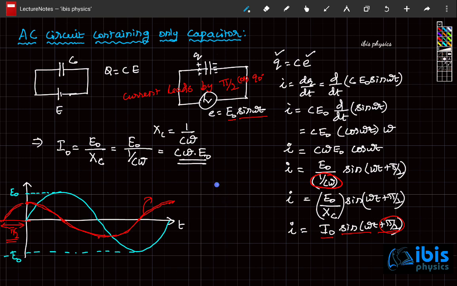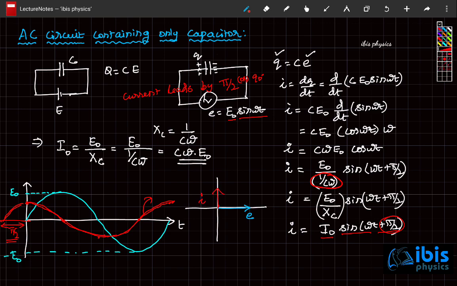If you draw the phasor diagram, it will be like this. If you draw the applied EMF in this direction, then the instantaneous current will be 90 degrees ahead. I will draw this in red color.